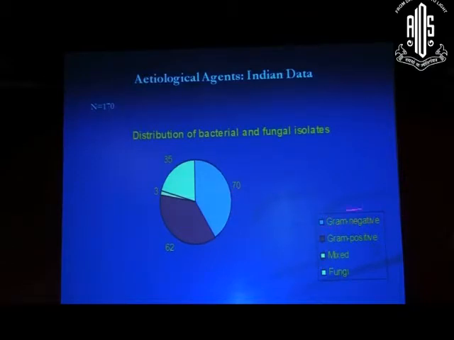We have more gram-negative than gram-positive, and a very high percentage of the endophthalmitis cases where we have isolates growing are mixed infections. So it's not just gram-positive or gram-negative bacteria, fungi are also grown, and that is why, whenever we see a patient of endophthalmitis, we must think whether this patient may also have a mixed infection.